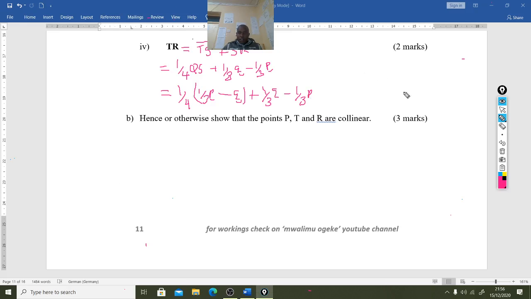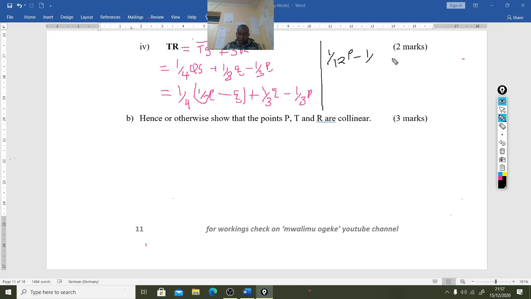So that if you put the like terms together, here you open this bracket, it becomes 1 over 12 p minus a quarter q.